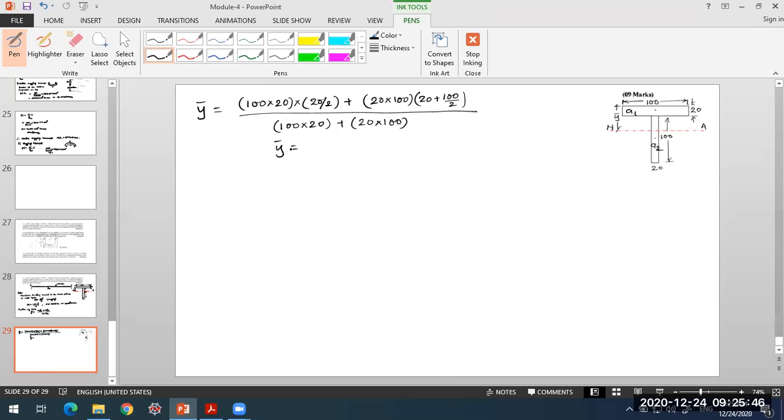So y bar comes out to be 40 mm. Now we have the location of the neutral axis here. It is 40 mm measured from the top of the flange. What we require next is the moment of inertia of the T section about its centroidal axis, or about the neutral axis.